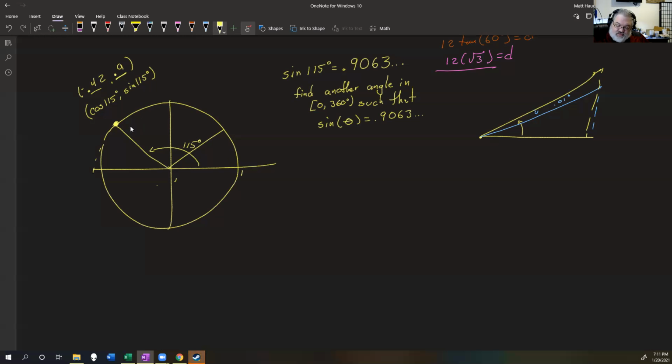So you're saying this angle is 25, right? Yeah. That means you want this angle to be 25, which means this angle would be what? 25. 65. Because those have to add up to 90.